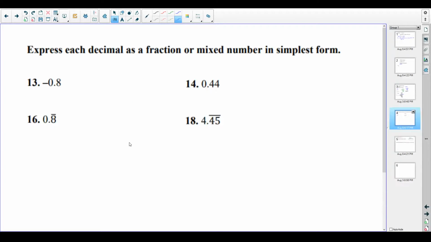All right, the next part is going from decimals back to fractions, and this becomes an exercise in reading and knowing your place value. So in case you forgot your place value, everything to the right of the decimal has place value.